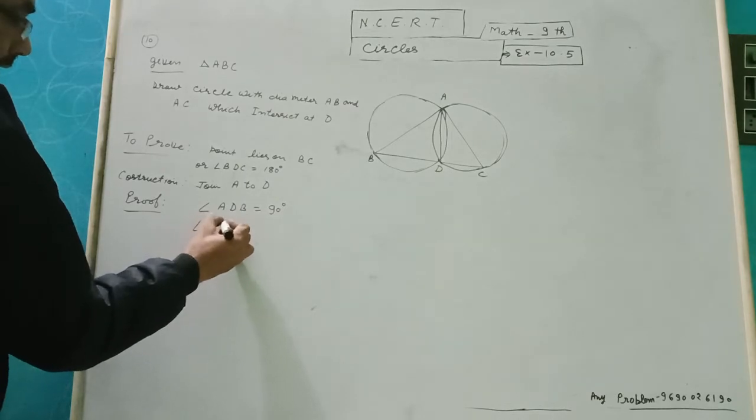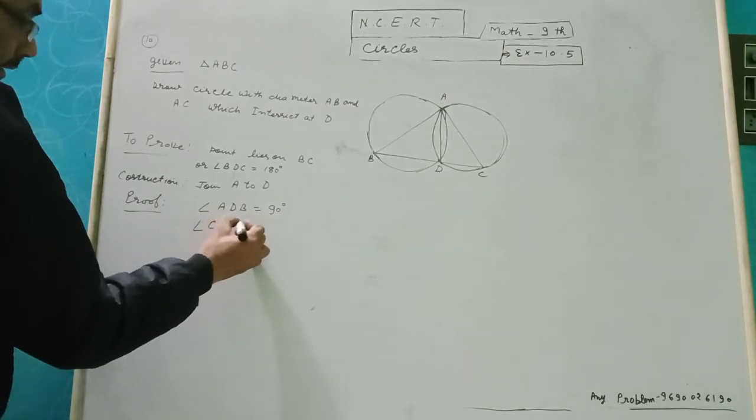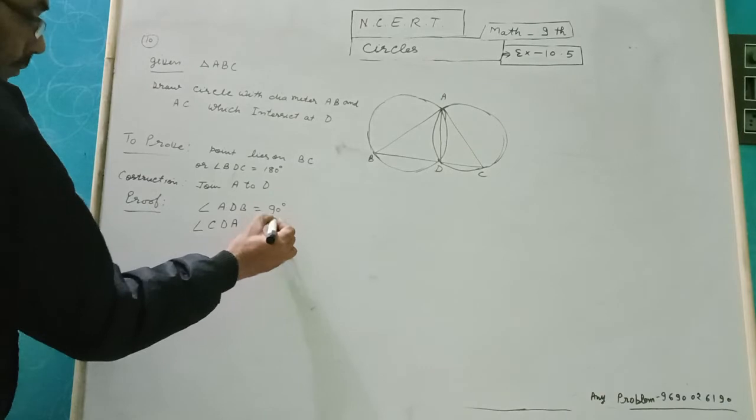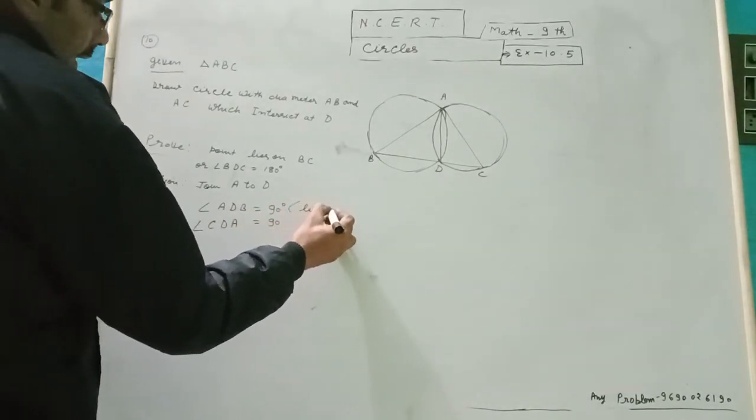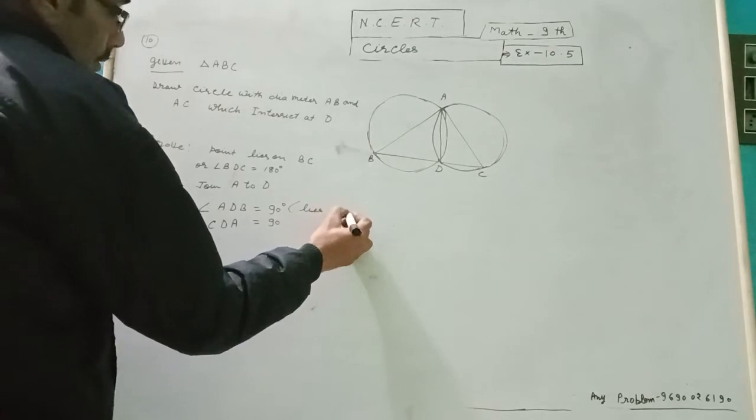Angle CDA is equal to 90 degrees. Both angles lie on a semicircle.